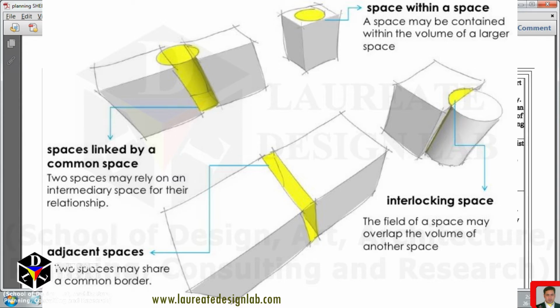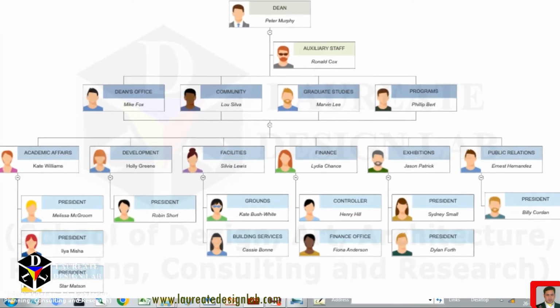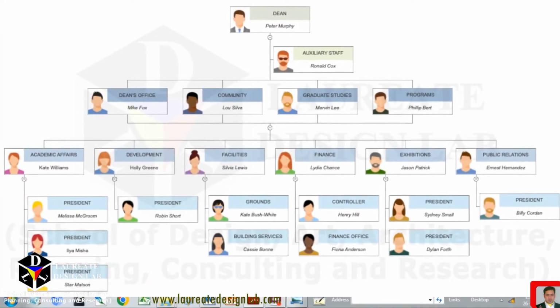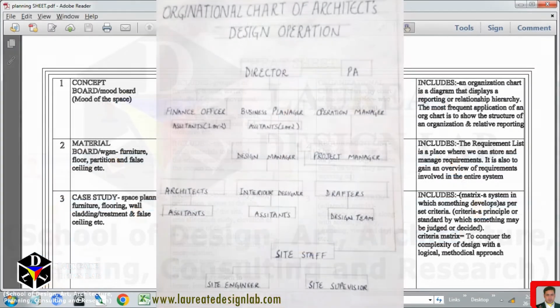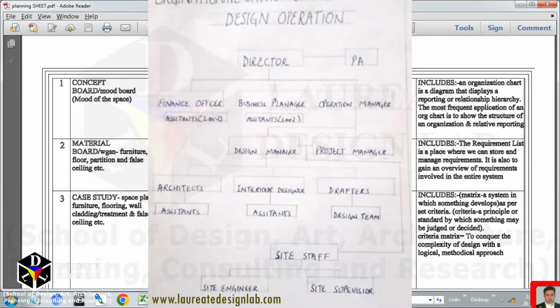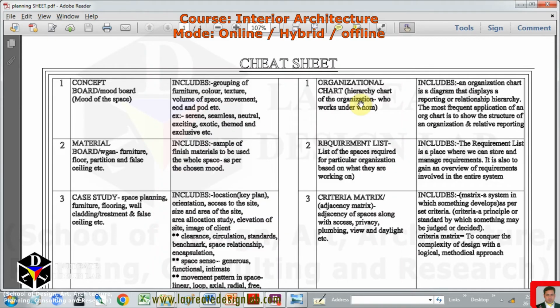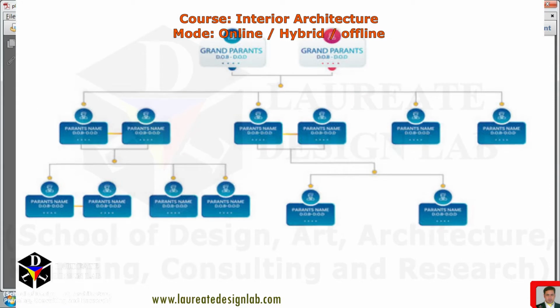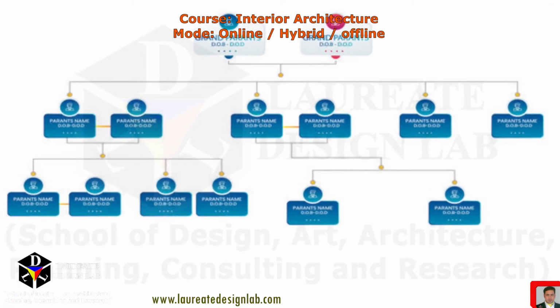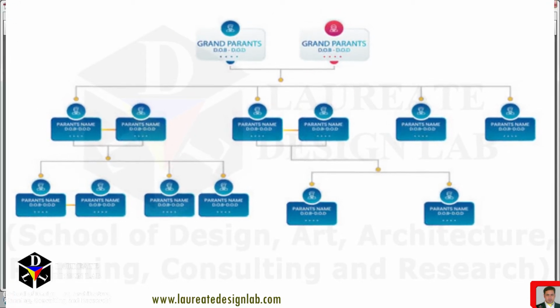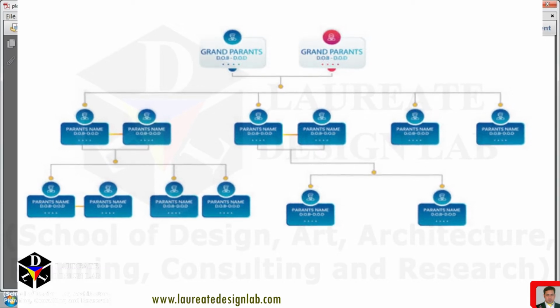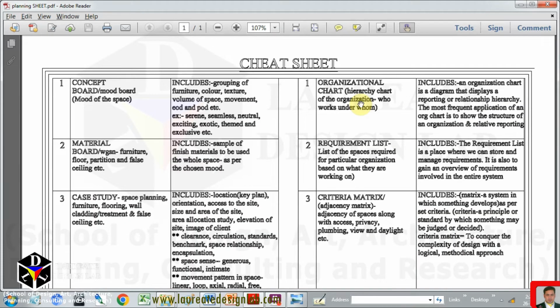Got that? Yes. So organizational chart: obviously in a homestead or in the setup of a house, a home, we don't have an organizational chart, but again we have hierarchy. There's grandfather, father, children, then siblings. They have their own positions in the family. So that is also a kind of organizational chart, but that is very informal.